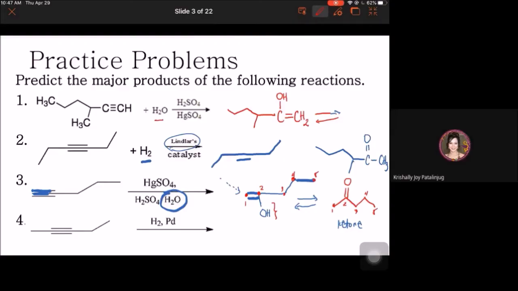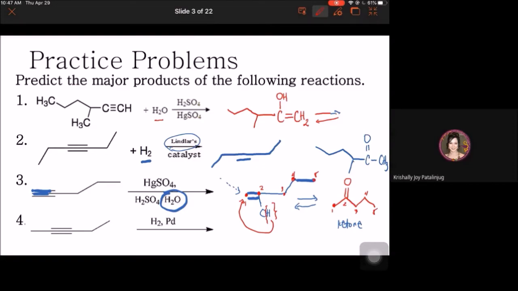And for this carbon, this is where further hydrogen is being added. Upon deprotonation of this oxygen, this hydrogen will be added to this carbon where the most hydrogen substituents are present.